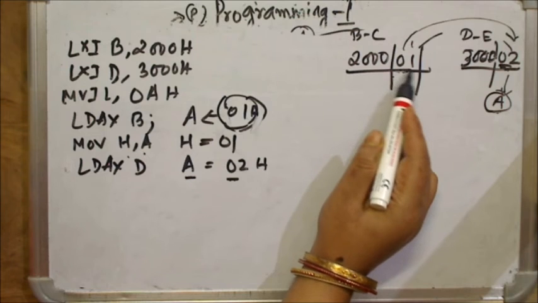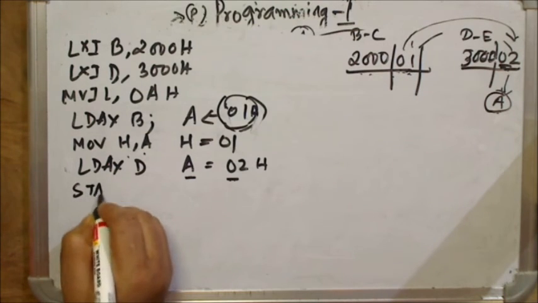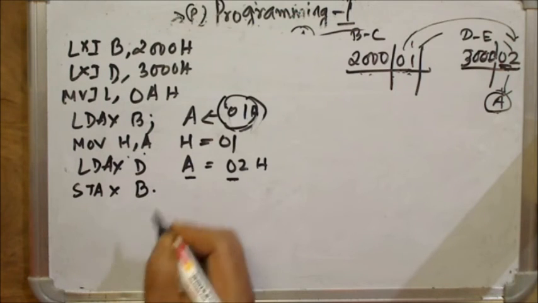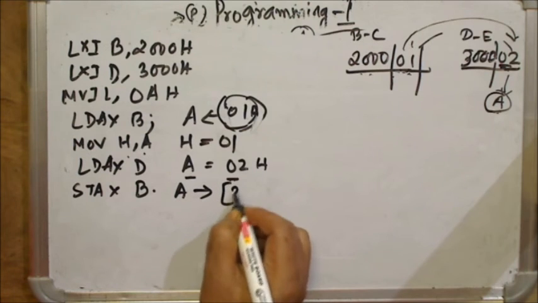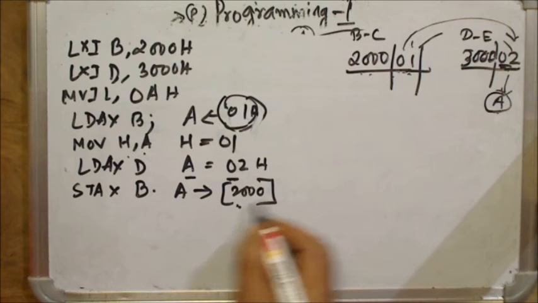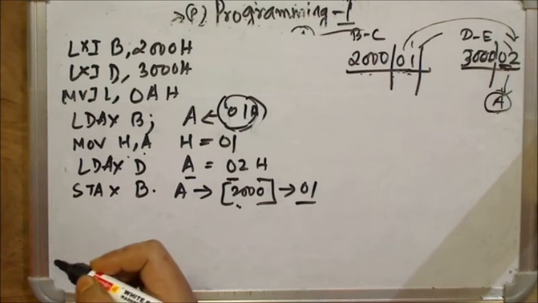What is the memory location pointed by BC pair? 2000. So we will store the data of A into the memory location pointed by BC pair, that is 2000. So 2000 will get now 01. So half of the exchange is over.